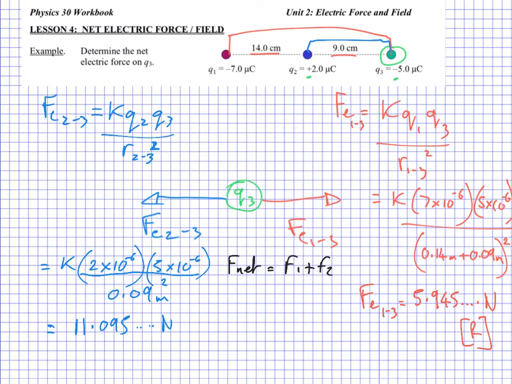Let's have a think here. We're going to work out this F net. That's really what we're asked to find, F net. First of all, let's put it in as a positive. I'll use red just to represent this. We'll say that this direction is positive, this direction is negative, just to be conventional.